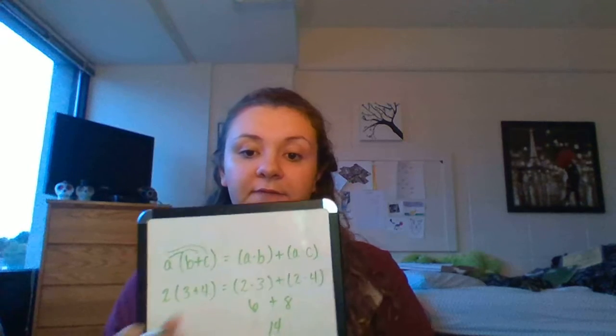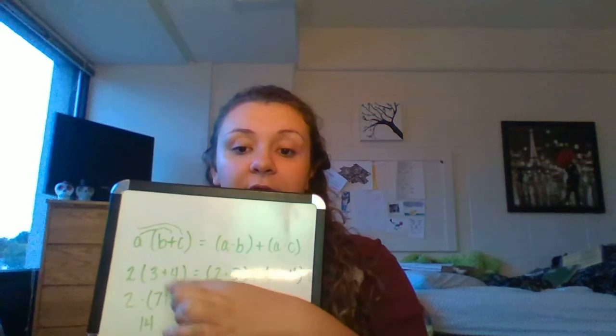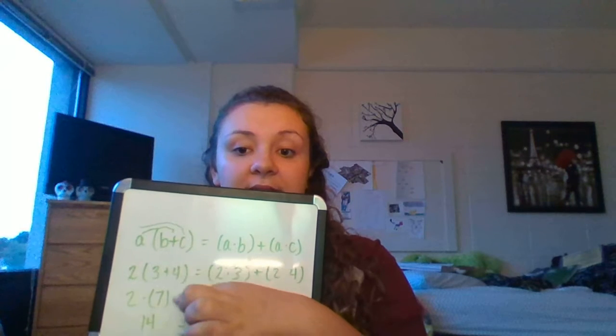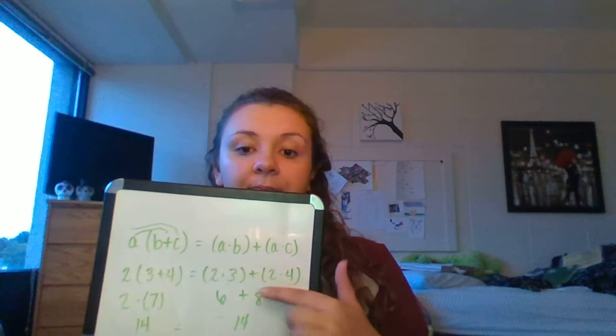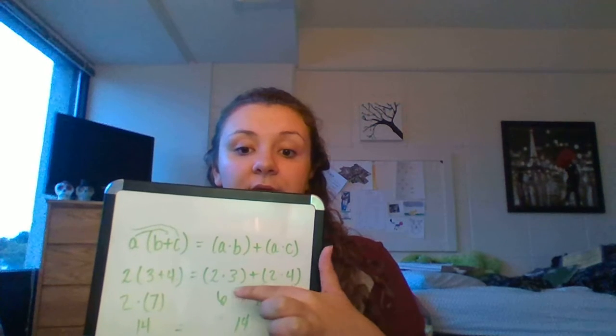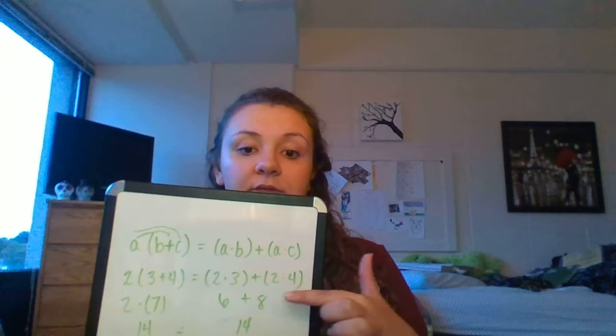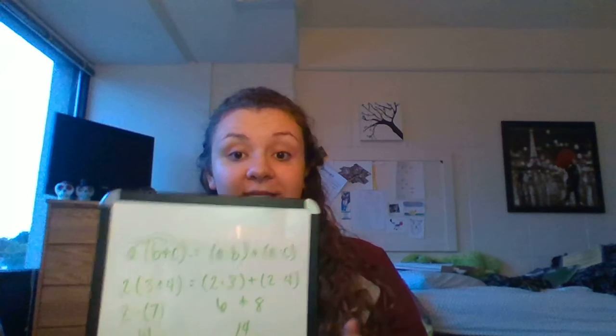So 3 plus 4 is 7 times 2 is 14. So this side we got 14. 3 plus 4 is 7 times 2 is 14. And then over here we have 2 times 3, which is 6, and then 2 times 4, which is 8, and then you get 14.